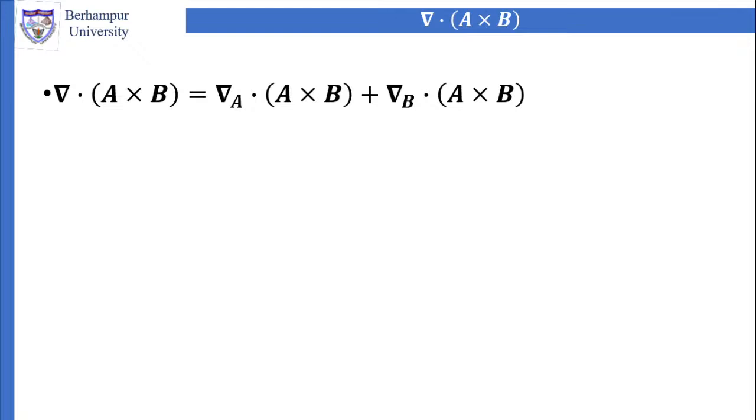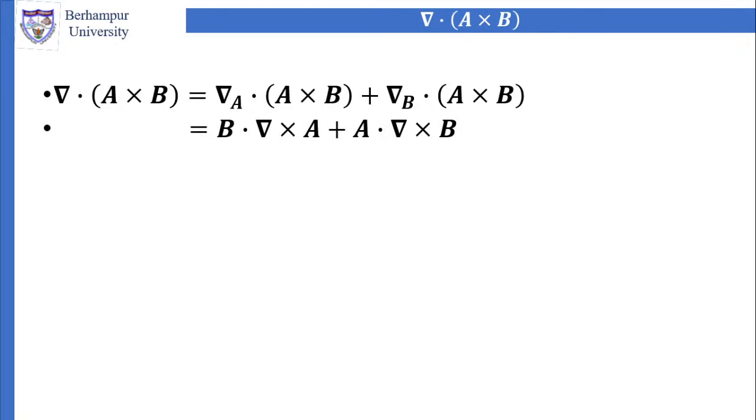So del cross A dot B becomes B dot del cross A, the first term. Second term is del cross B dot A, which is A dot del cross B. So finally we'll get B dot del cross A plus A dot del cross B. So this is the identity for del dot A cross B.